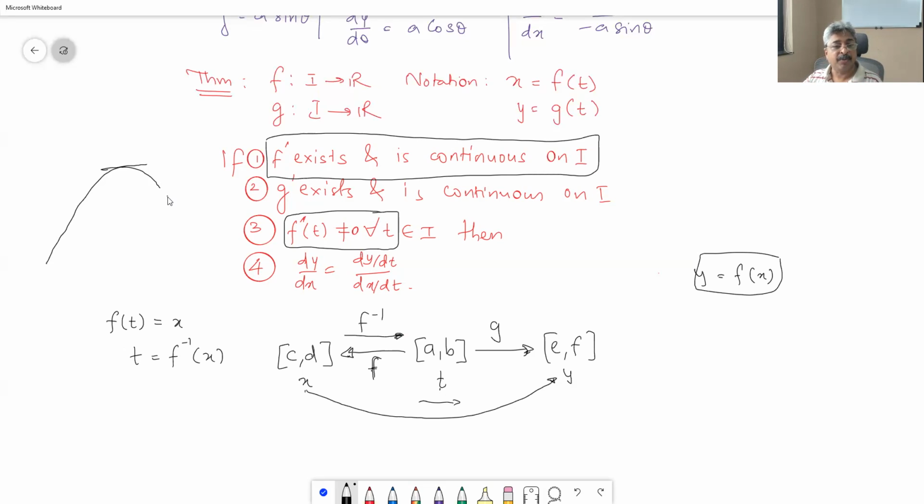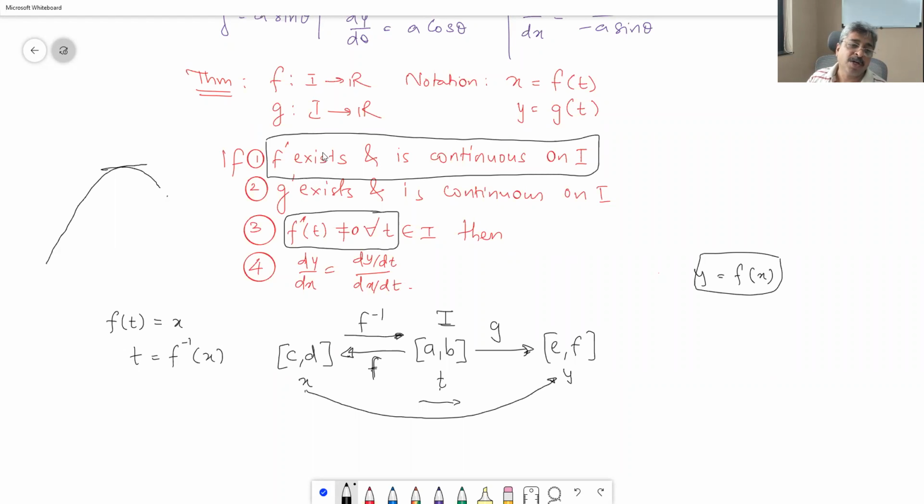F dash becomes negative. So if f dash of t is equal to 0 at some point, then we are not sure whether it is a strictly increasing or a strictly decreasing function. It can be increasing in some part and decreasing in some part. But as f dash of t is not equal to 0 for every t in I, now a comma b is our I, and both the functions are defined from I to R. So instead of R, I am taking the codomain as e comma f here and c comma d here.